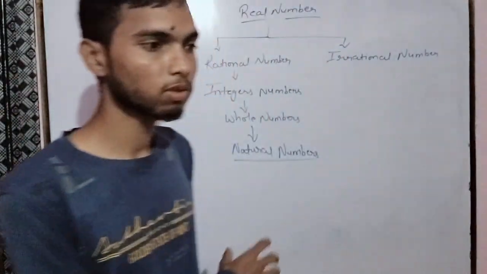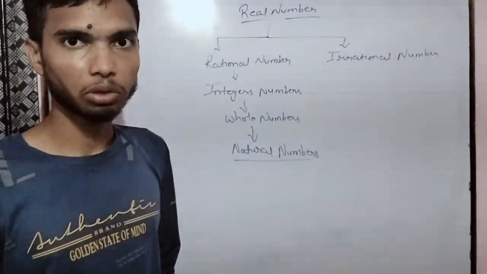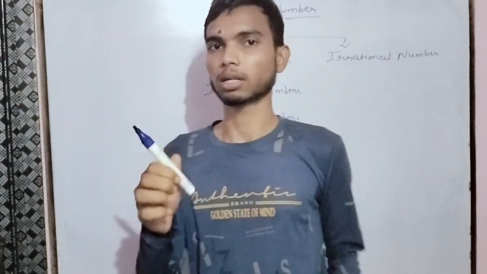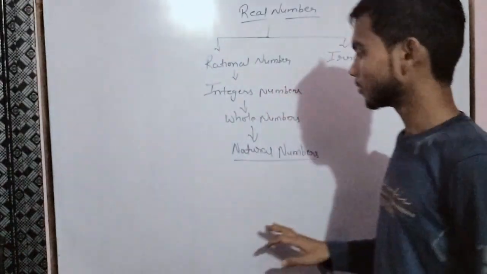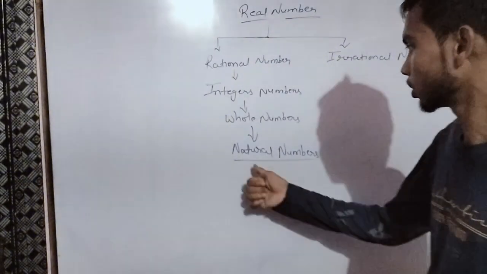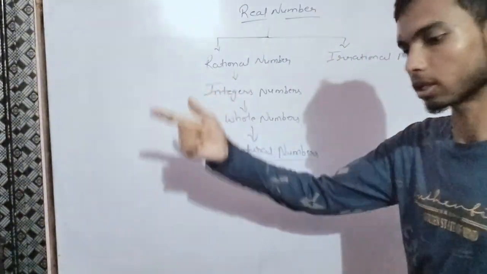So natural numbers tell us about counting things. For example, this is 1. We are able to count this marker. That's why we say that 1 is a counting number. So natural numbers are also counting numbers.